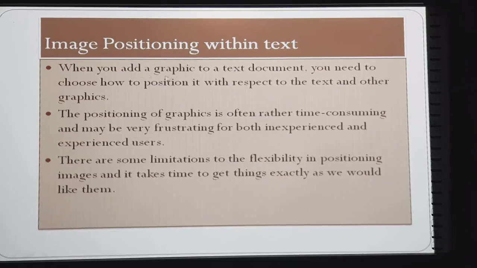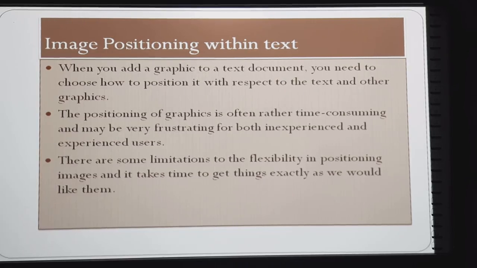See, in order to add a graphic to the text document, first of all we need to think how to position it, at what location we should position it with respect to the text. Suppose I have entered text inside our document as well. Along with that, graphics need to be inserted. Then, based on our choice, we need to find out where to position the graphic with respect to the text document.